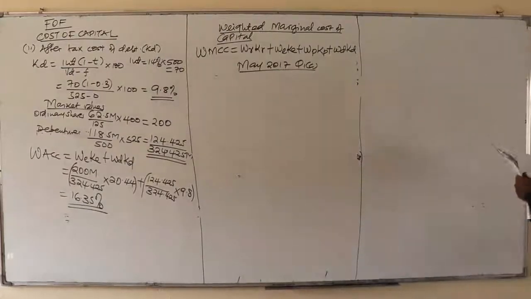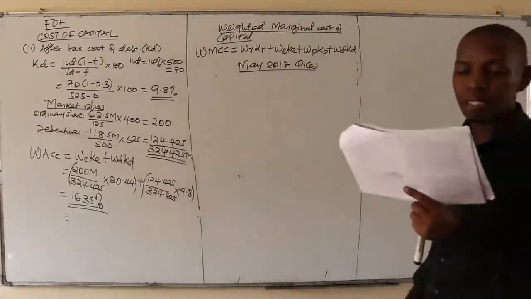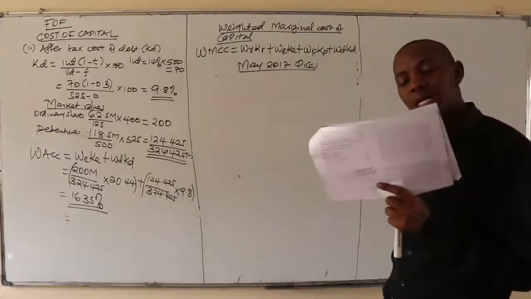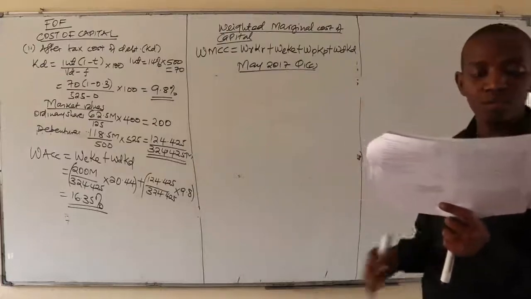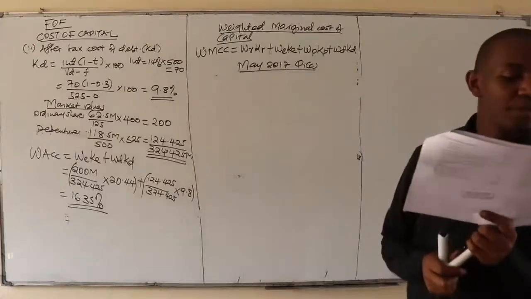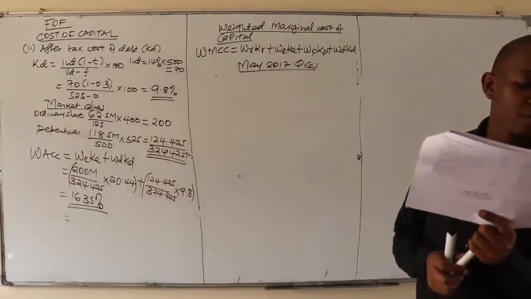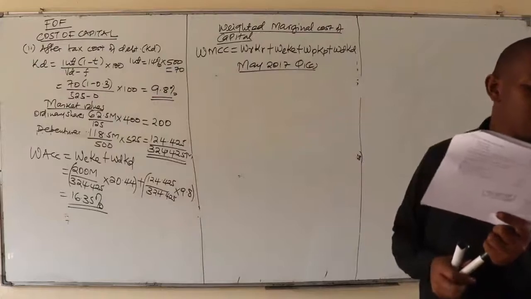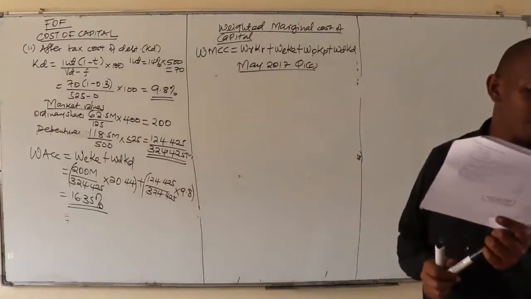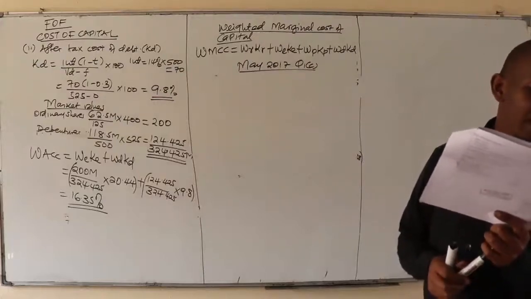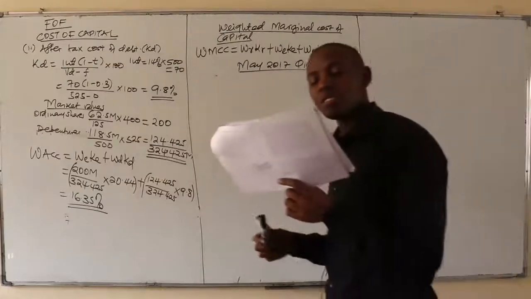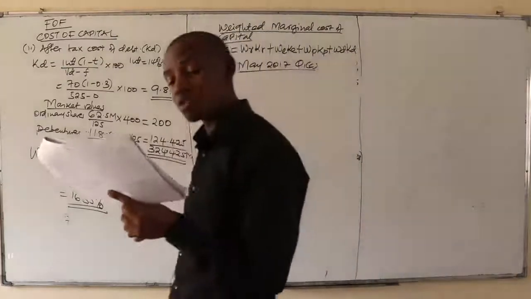So from that, we've been told that Ufanisi Limited is considering raising additional shillings 10 million to finance an expansion program. The firm's capital structure, which is considered to be optimal, is given as follows: equity, debt, and preference shares. The company expects to raise shillings 2 million from internal sources.